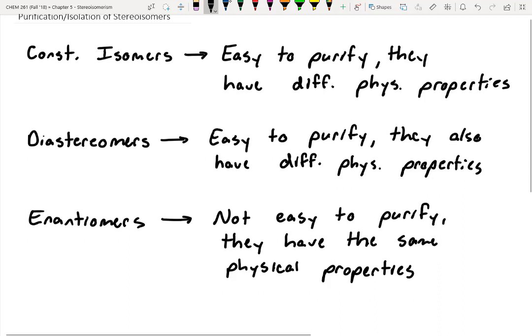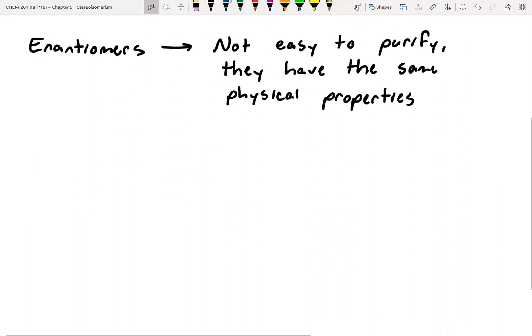However, I started out this chapter by describing drugs where one enantiomer was the effective one and the other one might kill you. So if you're working in a pharmaceutical production facility, that's a big deal. You need to purify your enantiomers. So then the question is, well, how do they do that? There's a couple different ways.